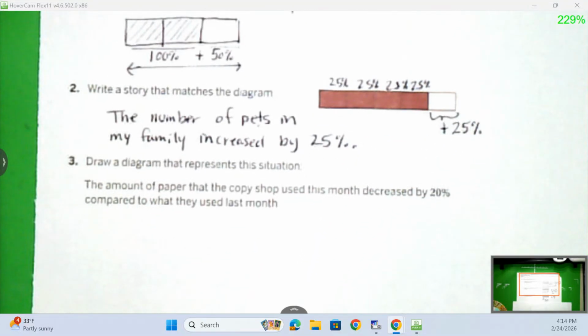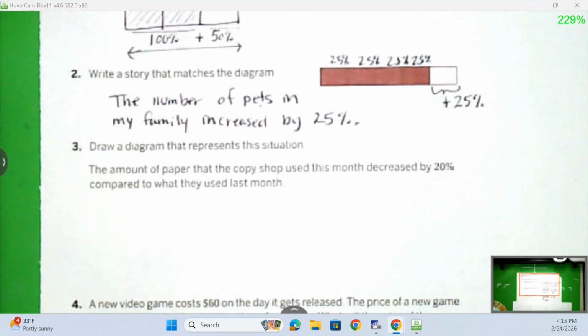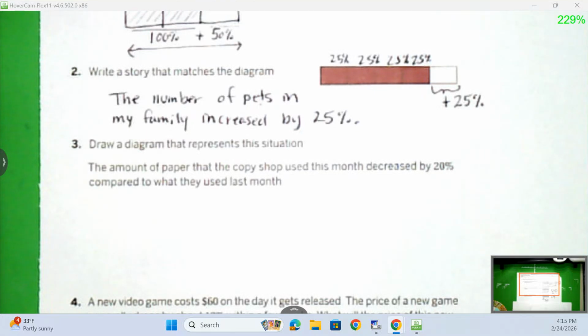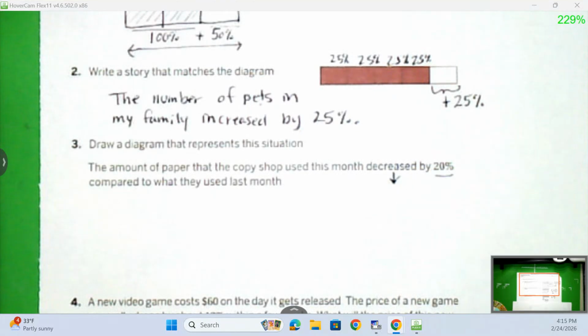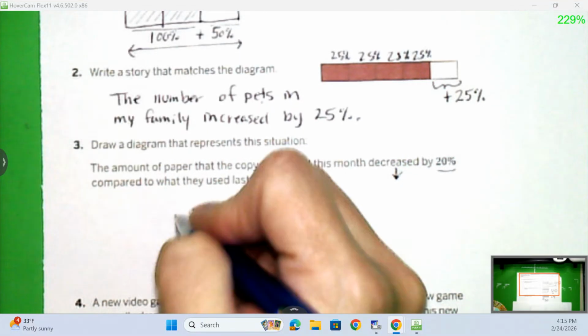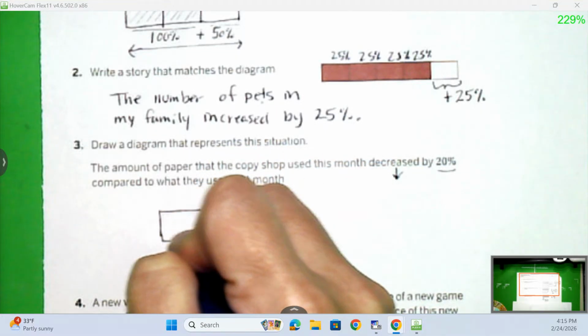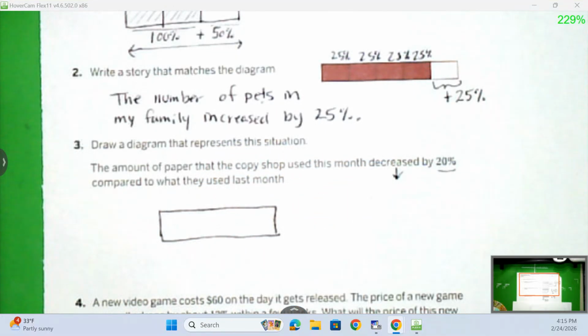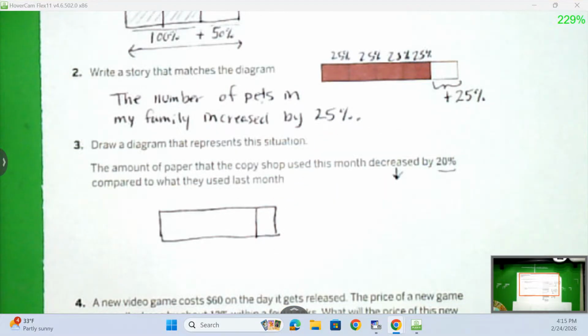Okay, in question 3, they're asking us to draw a diagram that represents this situation. The amount of paper that the copy shop used this month decreased by 20% compared to what they used last month. So in this case, we're going to have a picture that's going to be a decrease. So if I have my tape diagram, and that represents 100%, now I'm going to have a 20% decrease.